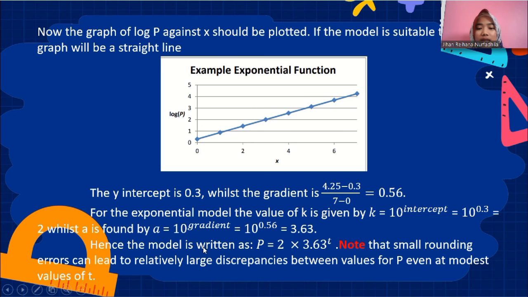Hence, the model is written as P equals 2 multiplied by 3.63 to the power T.